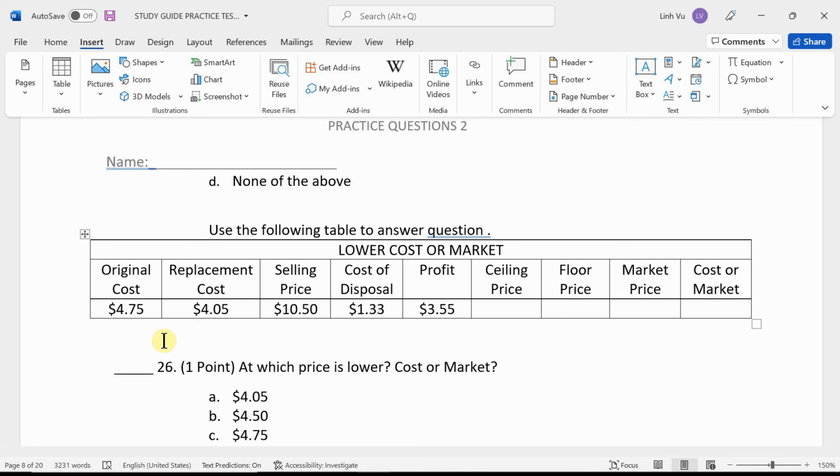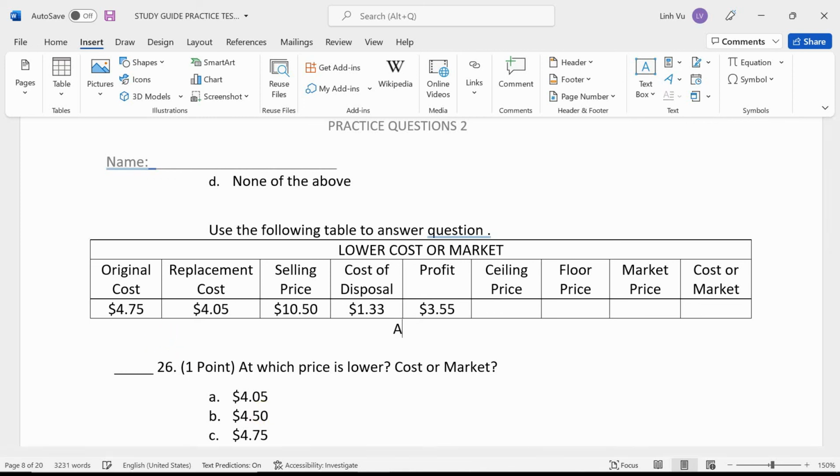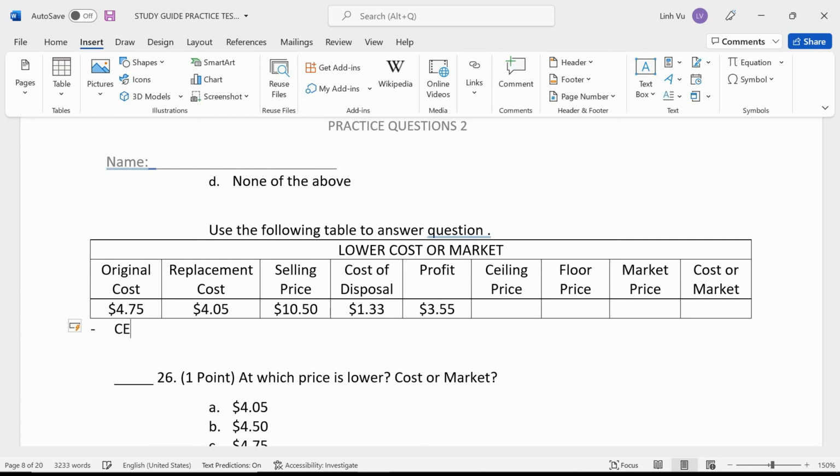The cost to dispose of it is $1.33, and you want to earn at least $3.55 profit. So in this case, how do I determine the ceiling?